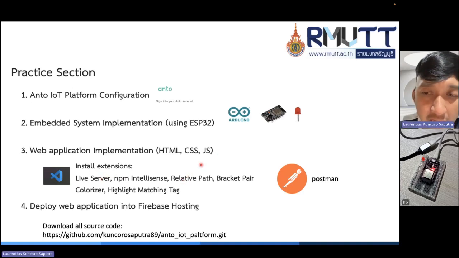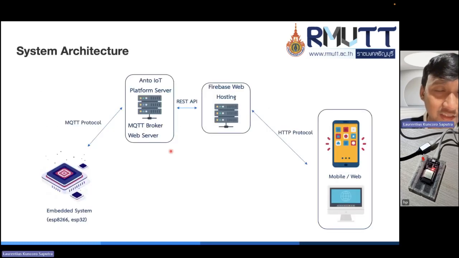Also for testing the code, I use the Postman application. With Postman, we can test the URL or the REST API for the console, the lab. Back again to the architecture.